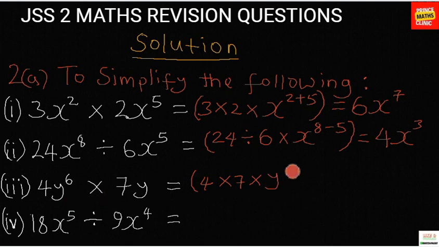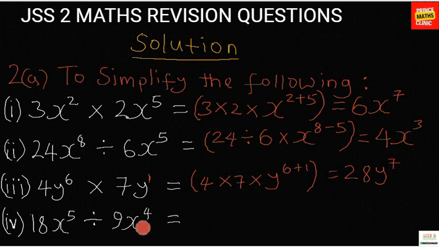Then since this is multiplication, I'm going to add the power. Mind you, the power of this y here is 1. Even if they don't tell you, you should know it is 1, right? So you are going to add plus 1. So let's multiply. 4 times 7 is 28. Then you write out the alphabet, which is y. 6 plus 1 is 7.